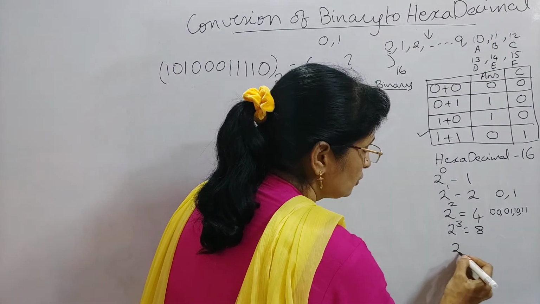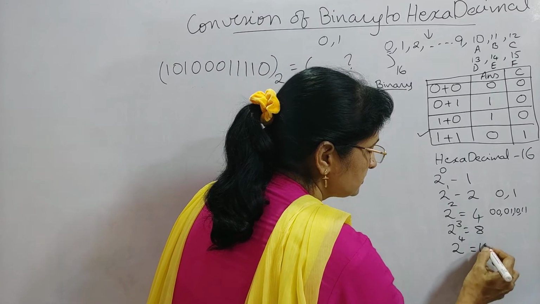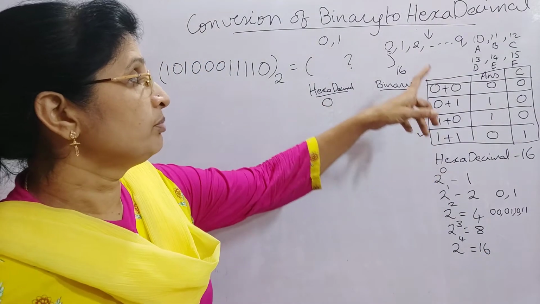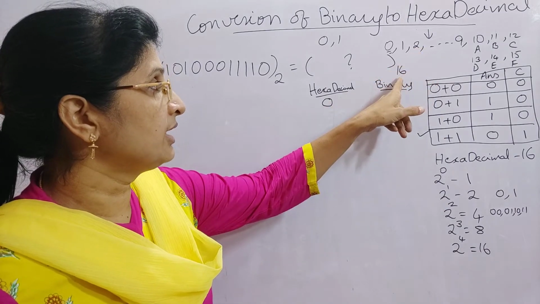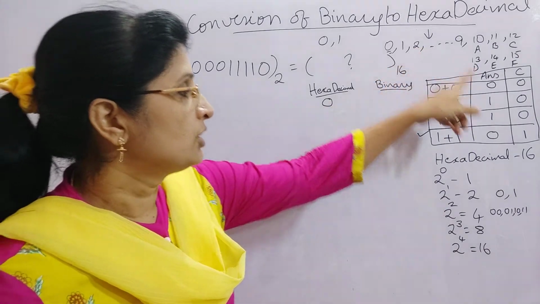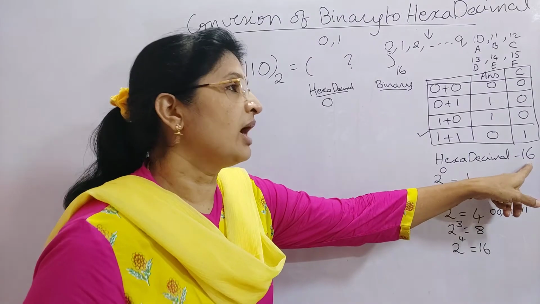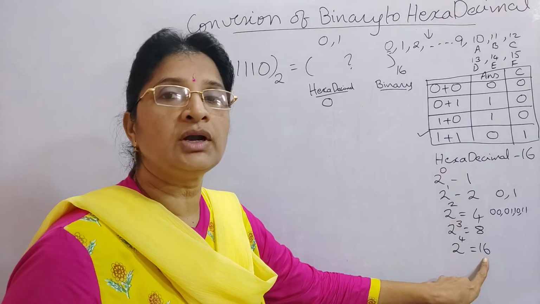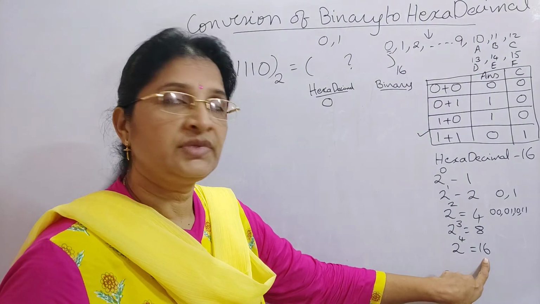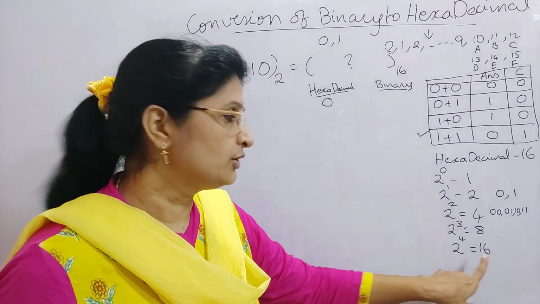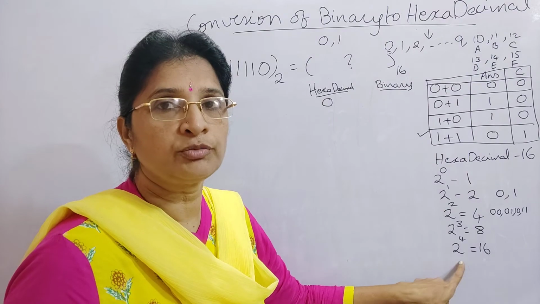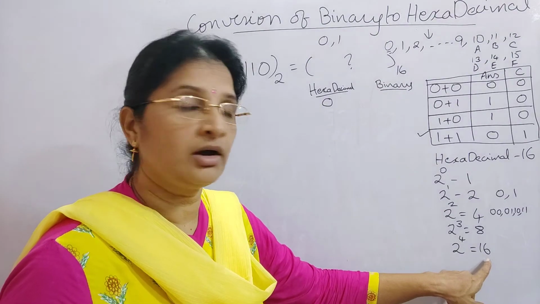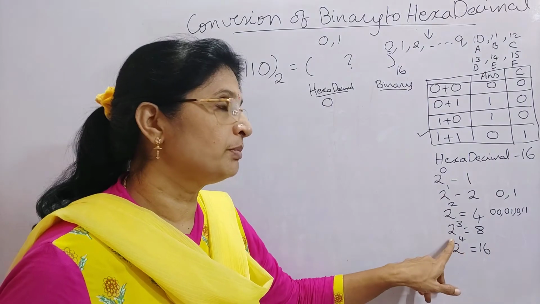Next, 2 power 4 is 16. What you have to consider here is the number of codes required for us. The total is 16, so you have to choose the power such that the number of codes is less than or equal to 2 to that power. Here it is 2 power 4, which is 16. So what is the number of bits required?